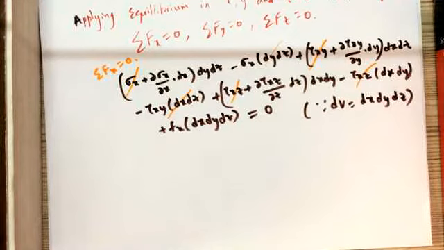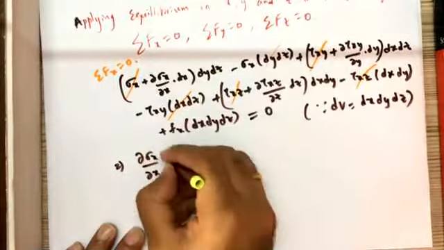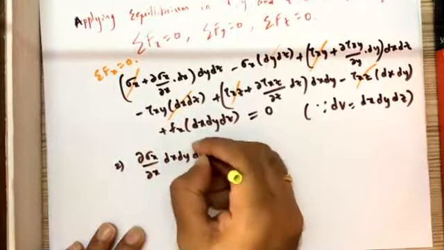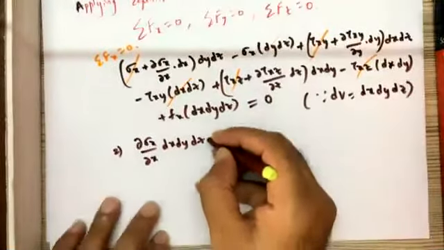What is remaining? ∂σx/∂x into dx dy dz, right?